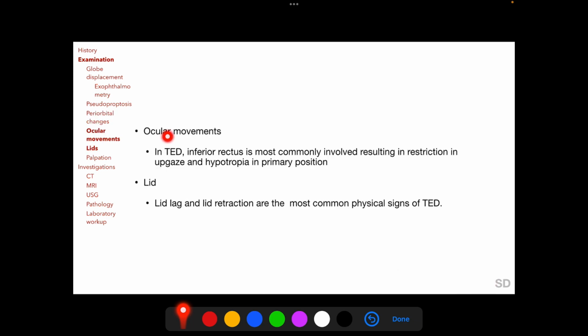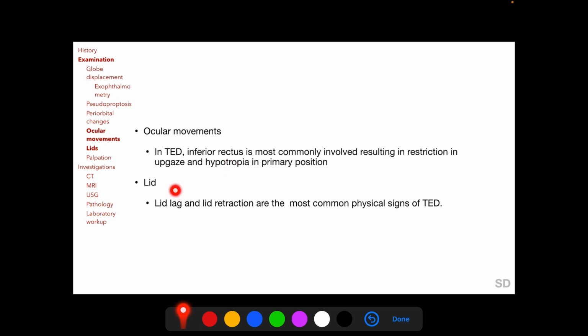Ocular movements and lid abnormalities must also be checked in patients with orbital disorders, and it is important to remember that in thyroid eye disease, inferior rectus is most commonly involved, resulting in restriction in upgaze and hypotropia in primary position.